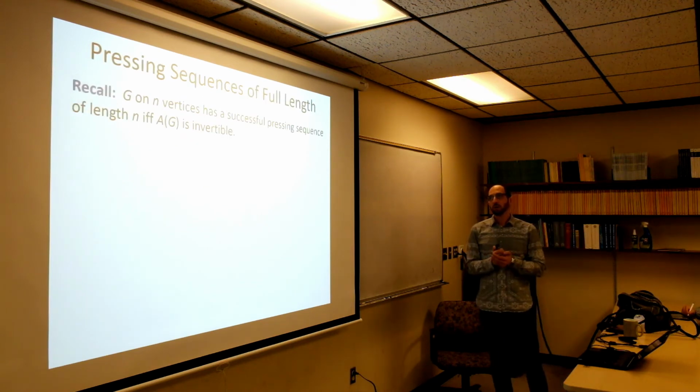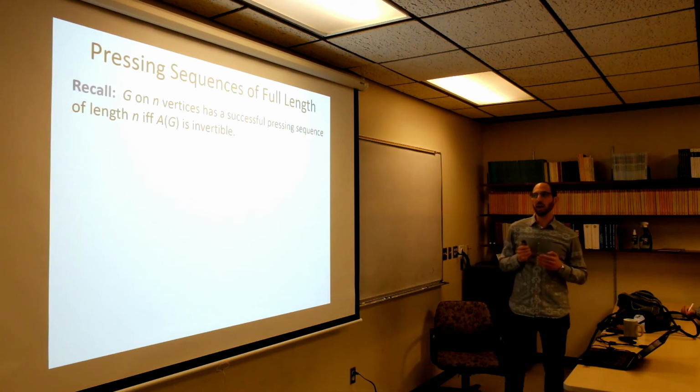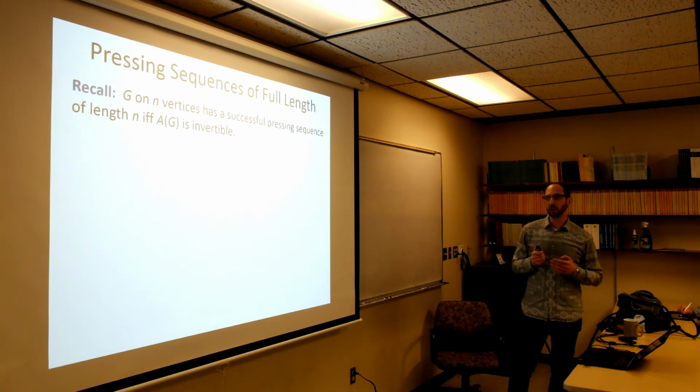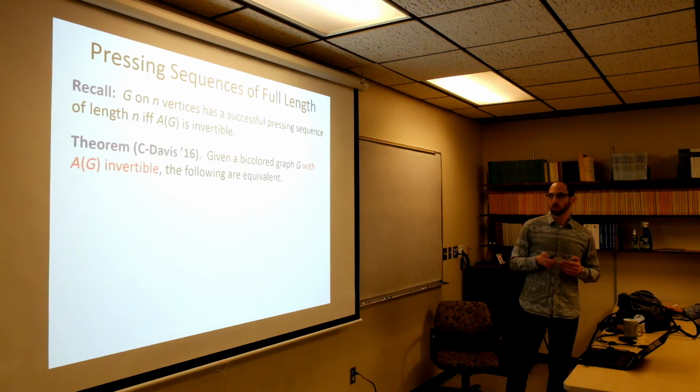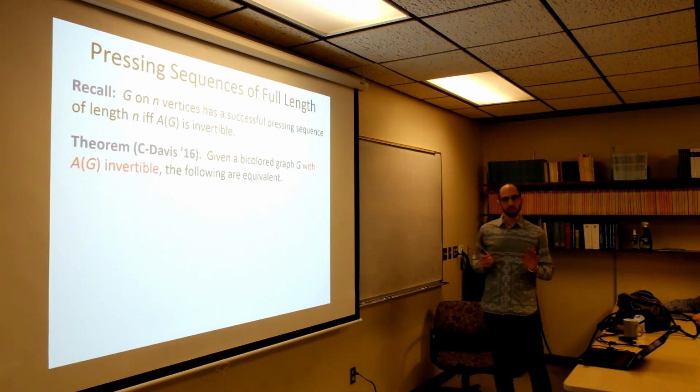So recall that you have a graph that has a successful pressing sequence of full length, that is, you actually have to press every single vertex at some point, if and only if the adjacency matrix is invertible. So if we assume invertibility, then the previous slide gets a little bit simpler and nicer.